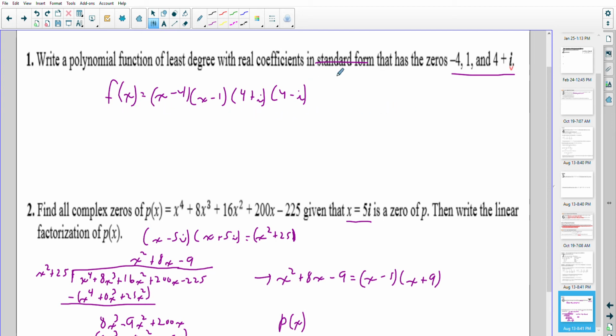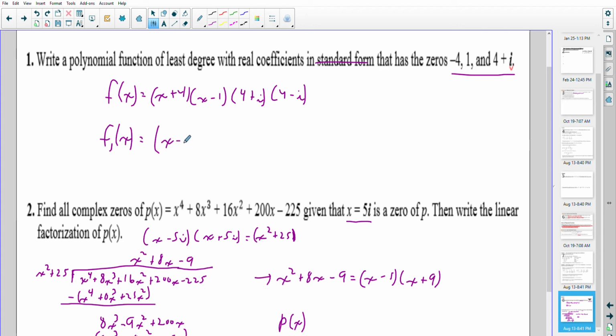So your f of x would equal, again, these are the zeros, so it's got to be x plus 4, x minus 1, and then 4 plus i, and 4 minus i. Now, the mistake with that is that you're really looking at subtracting off those numbers.